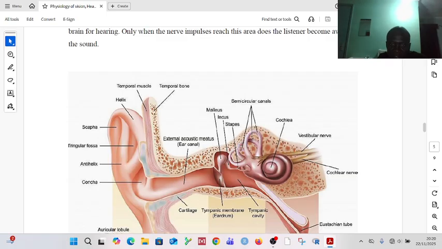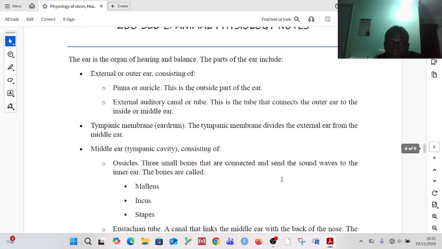Okay? As they are positioned like this, all of them are in the three hemispheres. Okay? So they are responsible for balancing all those three angles. So these are responsible for balance, but all the other part is responsible for sound perception, that is here.